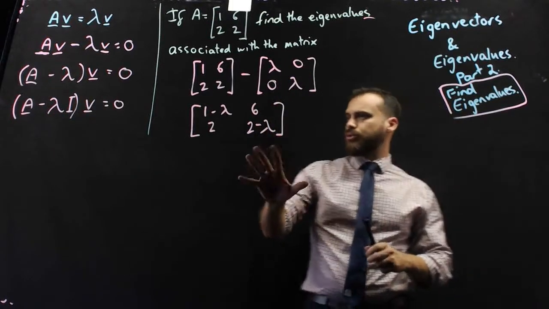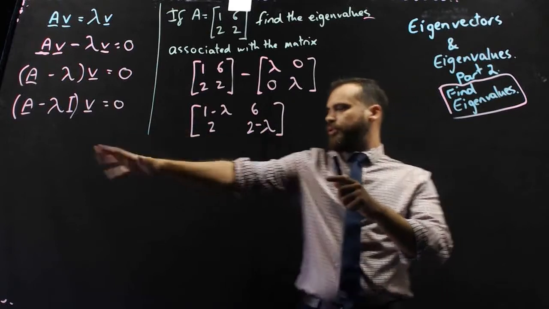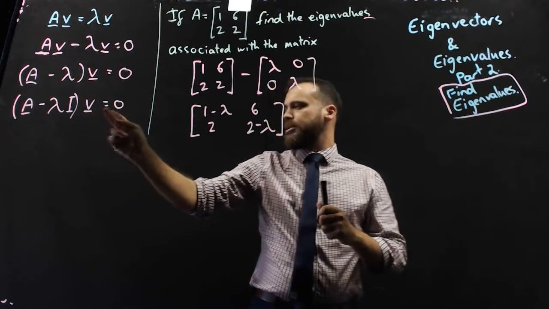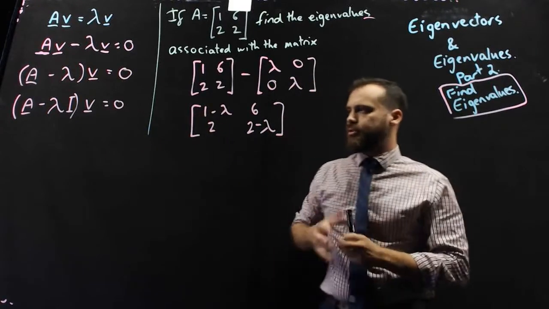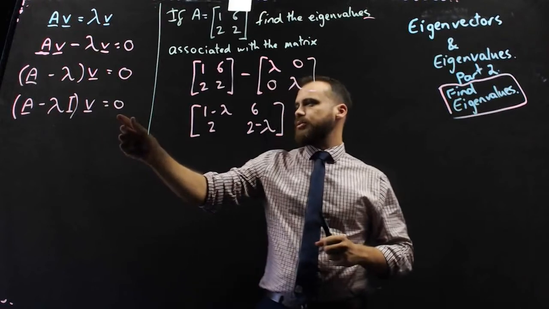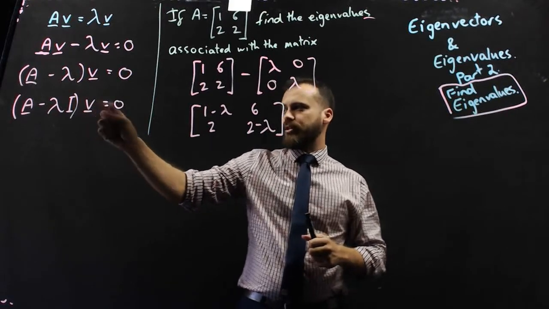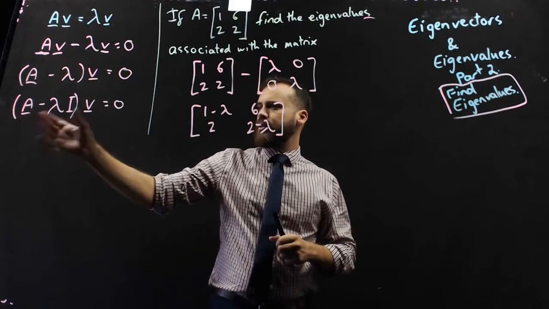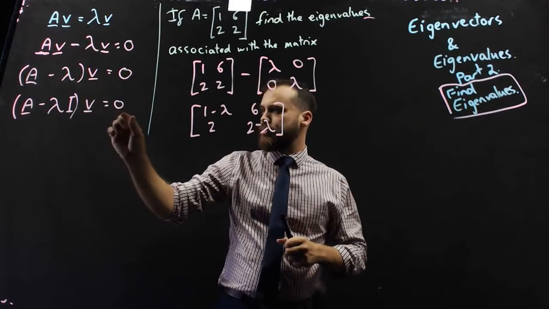But now take a look at what we've got here. If we look over here, this times this is equal to 0. So that must mean that either that's equal to 0, which is our eigenvector, or this times this equals 0.